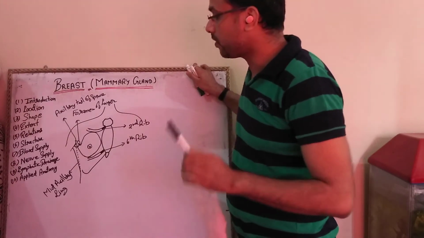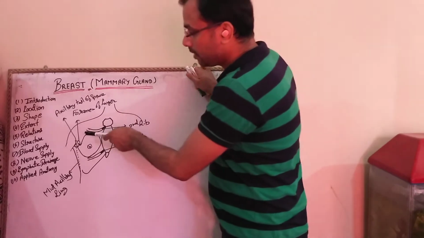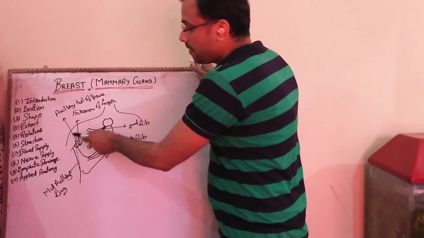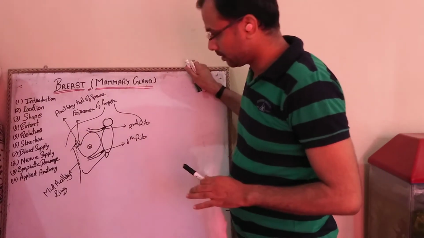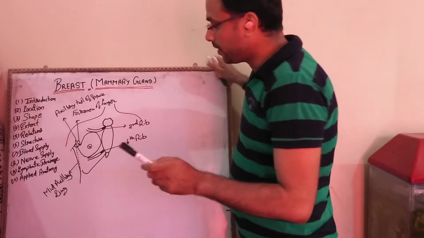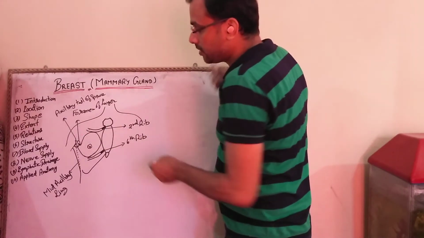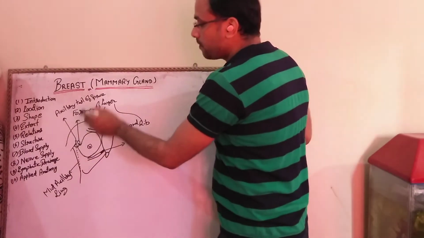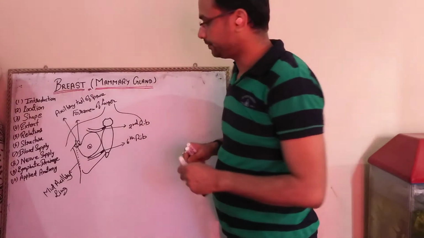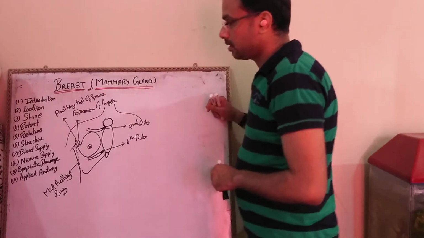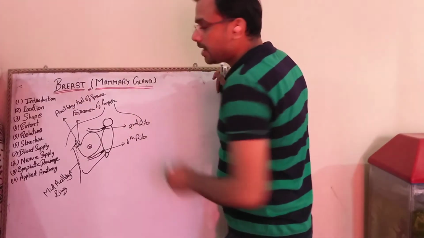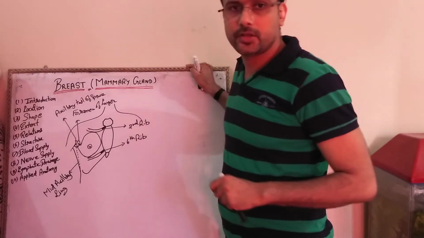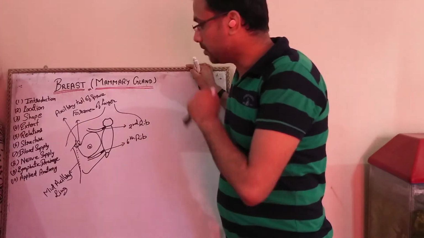This axillary tail of Spence pierces the deep fascia of the pectoral region and extends up to the axilla, and at the site where it pierces the deep fascia you can see an opening. This opening is known as the foramen of Langer. The axillary tail of Spence is the site of a high percentage of breast tumors.